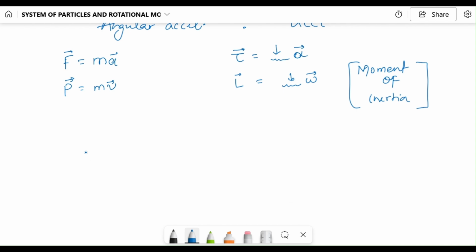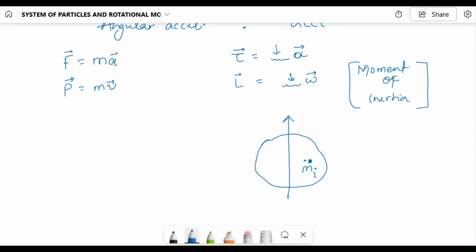Okay, let us try to find out what could be its expression. So we know that in case of a rigid body which is being rotated here, let's consider it is made up of n number of particles. Let's say we have chosen a random particle here, and it has mass mi, the ith particle.